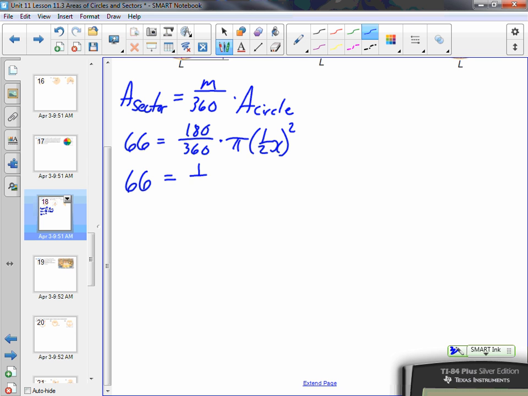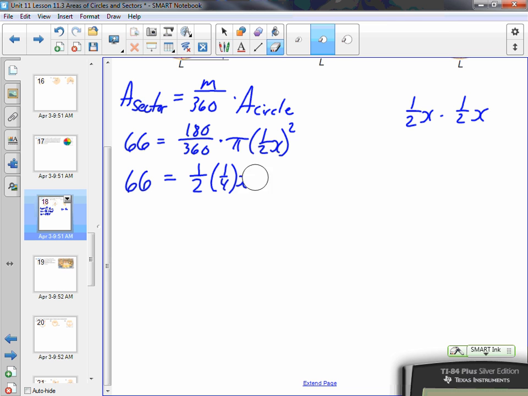We've got 66 equals 180 over 360, which is a 1/2. I'm going to ignore the pi for just a moment. 1/2 x, when I square that, means 1/2 x times 1/2 x. What's 1/2 times 1/2? That'll be 1/4, and then x times x is x squared.